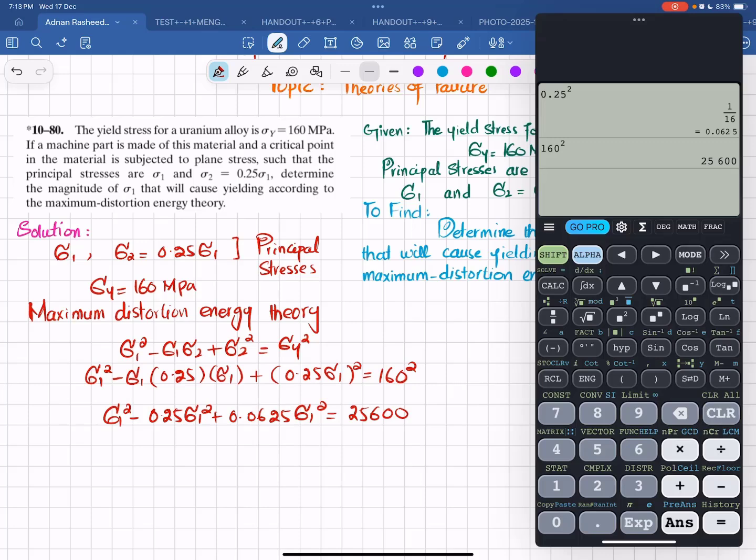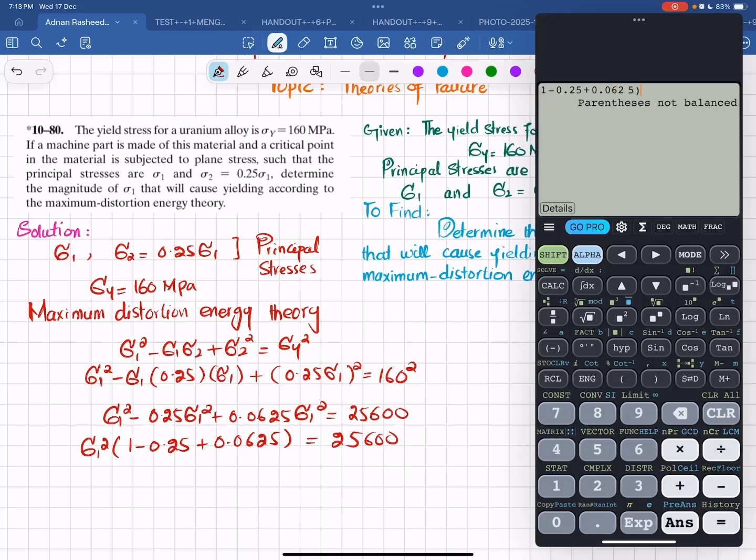Now you can see this is a plus value. If you take sigma 1 square as common from all terms, it will be (1 minus 0.25 plus 0.0625) sigma 1 square, and that will be equal to 25600. I have to put the parenthesis at the start.